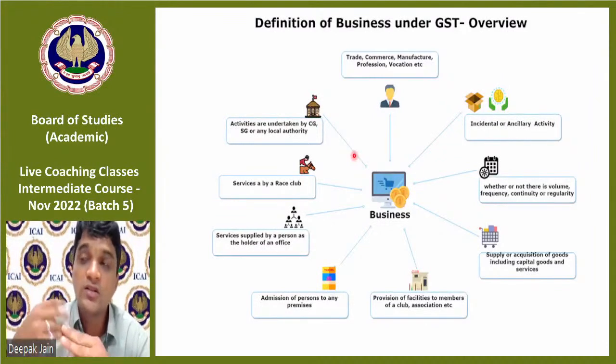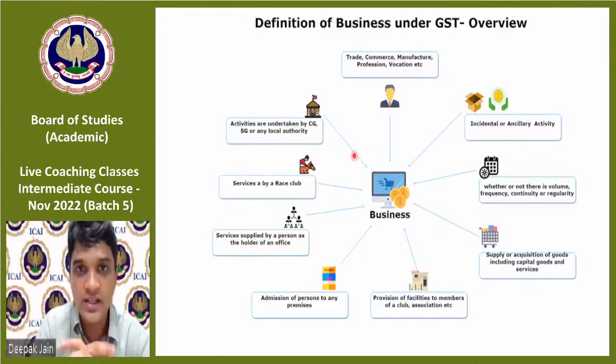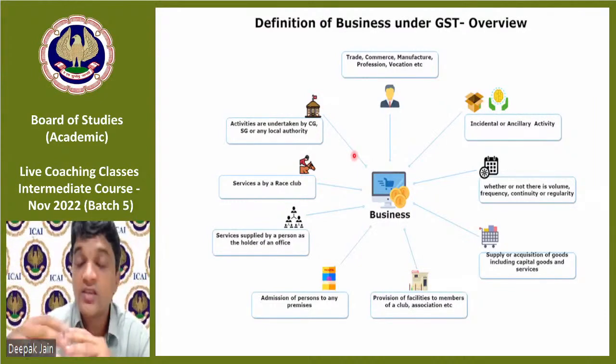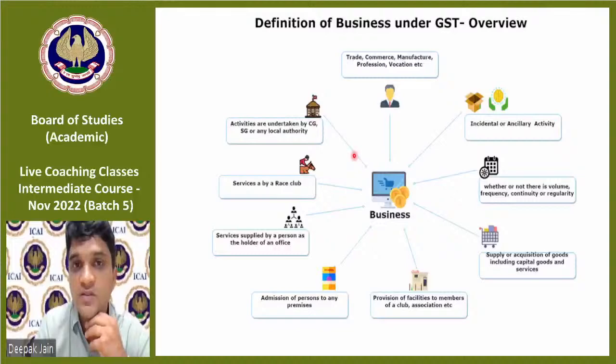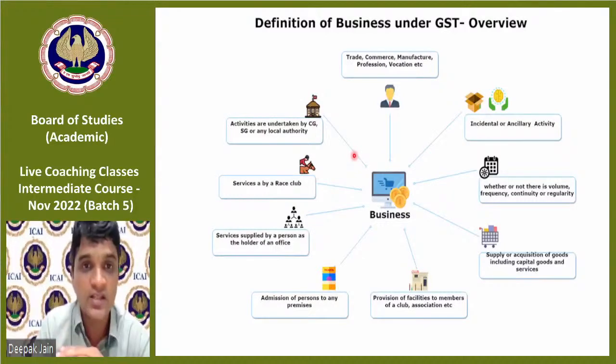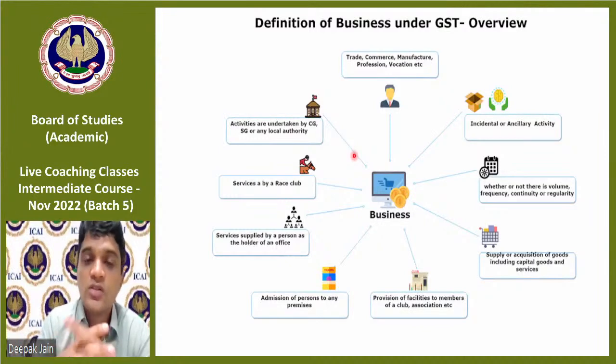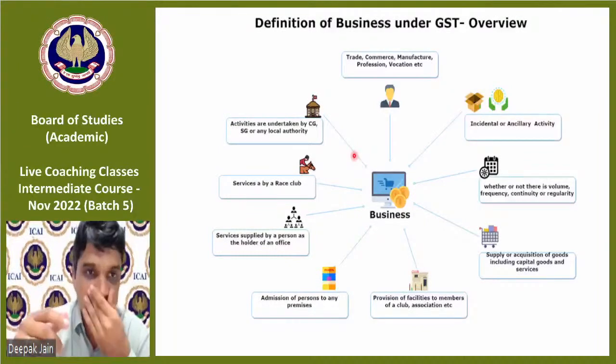No. For doing the main business of audit services, I have to incur additional expenses for which I will bill the client. Those reimbursements become in the course or furtherance of business. Then any marketing services which I am doing is for the furtherance of business. So those are all covered under the definition of business.